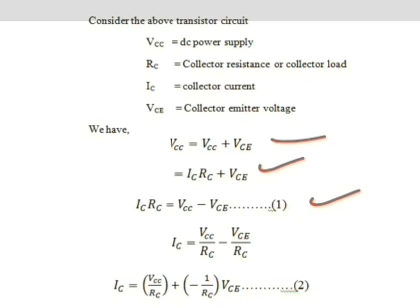Say this is equation 1. And IC equals VCC by RC minus VCE by RC. Therefore, IC equals VCC divided by RC plus minus 1 by RC into VCE.